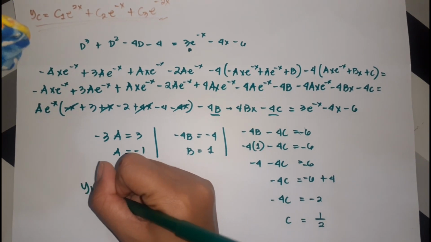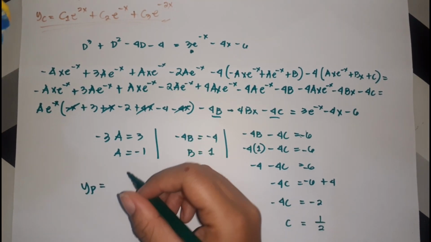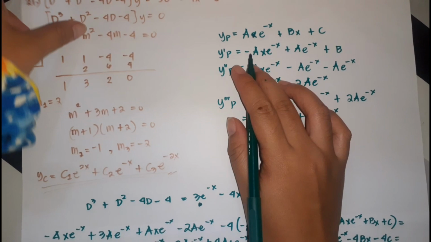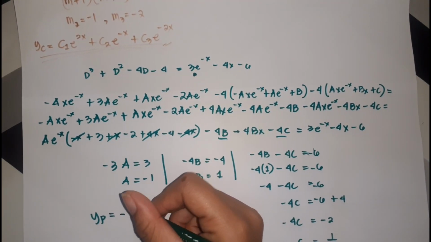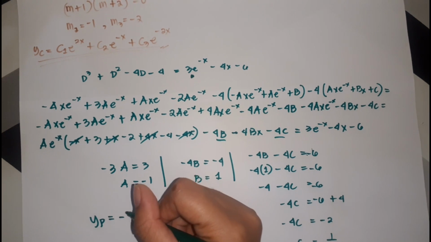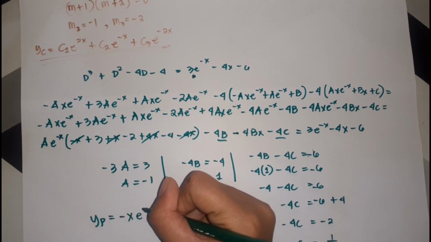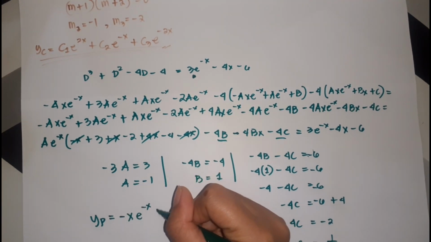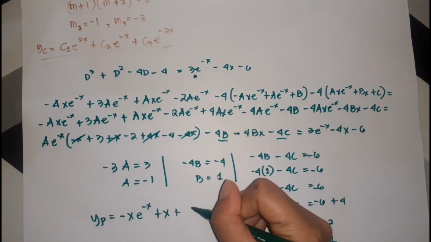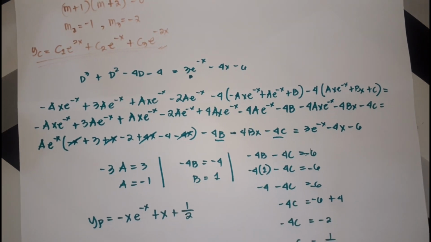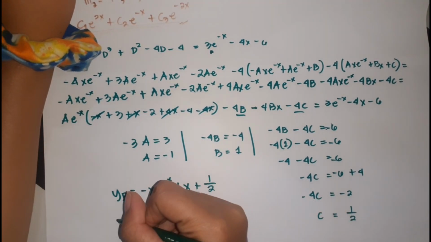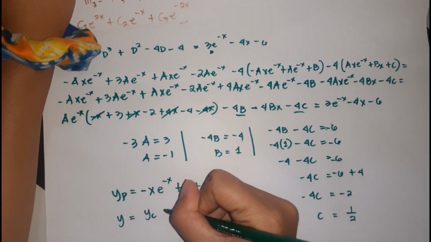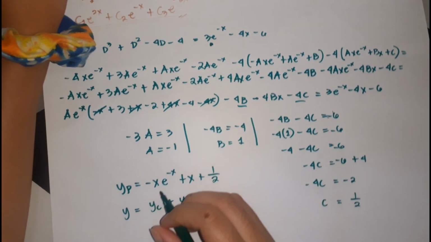Therefore, our y sub p, substituting the values, is negative x e raised to negative x plus x plus 1/2. Then to get the general solution, y equals y sub c plus y sub p.